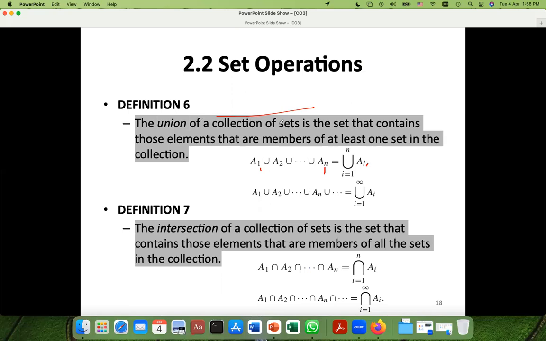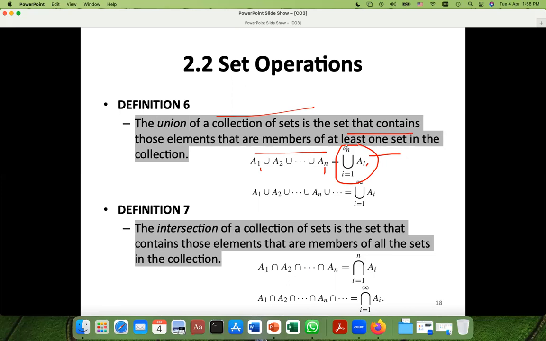So the union of a collection of sets is the set that contains those elements that are members of at least one set in the collection. So for this union, what is the minimum condition?